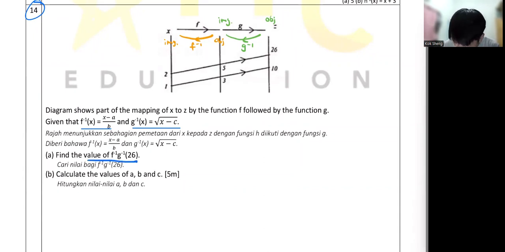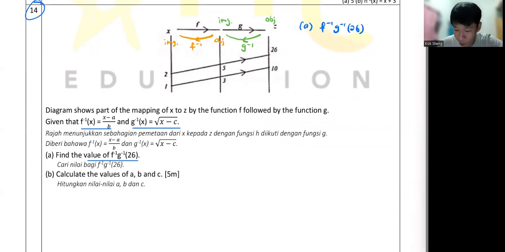Find the value of f negative 1, g negative 1, 26. So again, this is the composite, and you can see the bracket 26. So 26 is the object. Object of who? Object of f negative 1, g negative 1. But we don't have the composite f negative 1, g negative 1 from the picture, right?